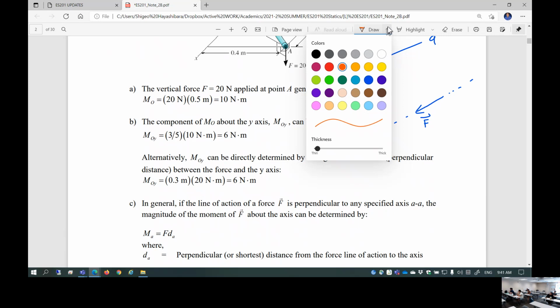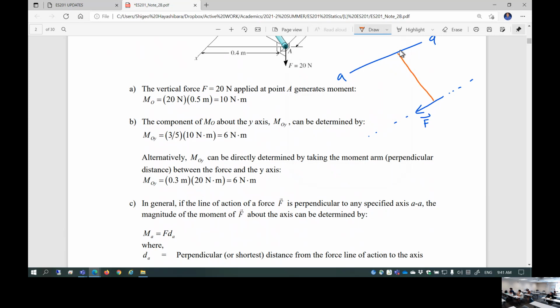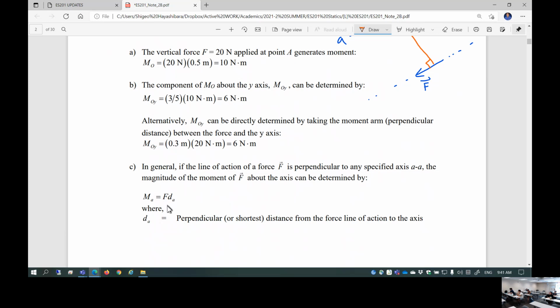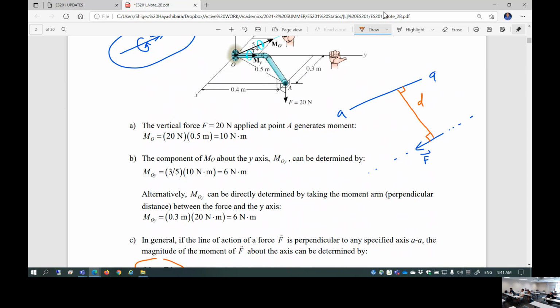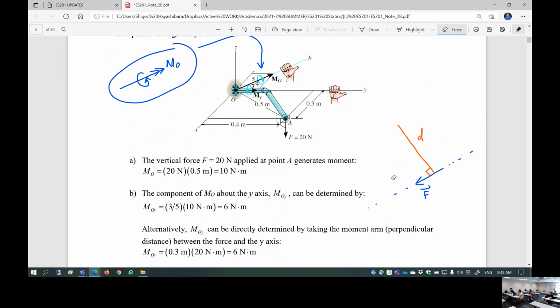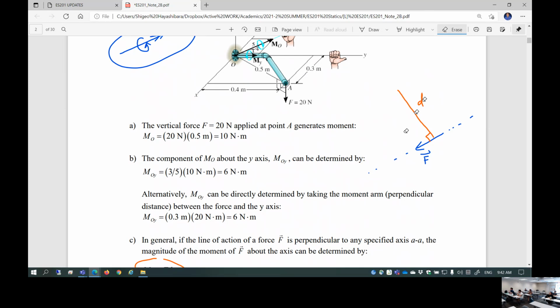If you can find the perpendicular distance, say this is d, this is going to determine the moment due to the force about that axis: F times dA. Sorry, it's just kind of confusing.